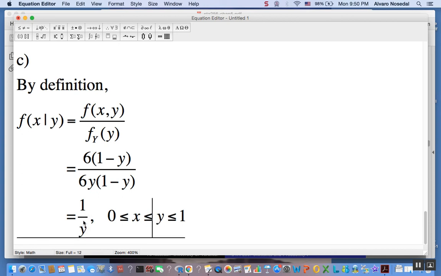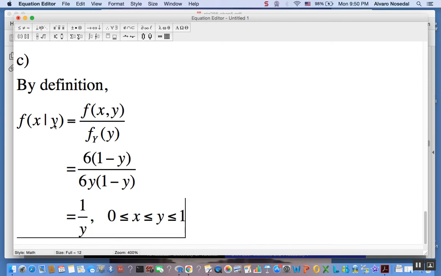If y is, for instance, 1/2, f of x given that y is 1/2, you would have 1 over 1/2, which is 2, for x's that live between 0 and 1/2, and 0 otherwise. Then it's a uniform in 0 to 1/2. Another uniform. So as you can see, it's a uniform that is conditional on the value of y.